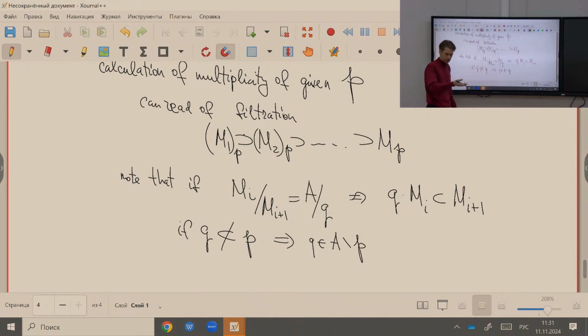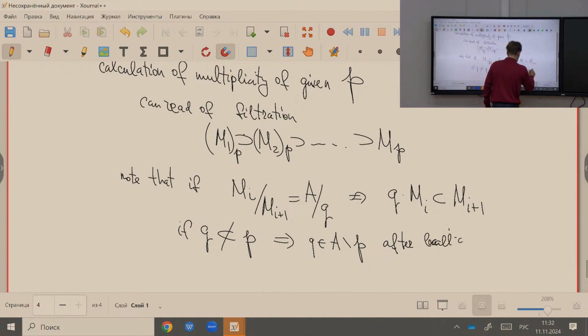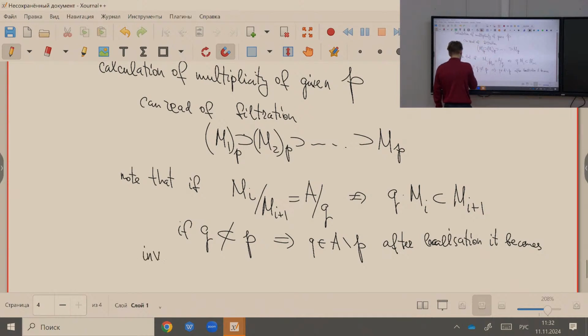So after localization, it is invertible. It becomes invertible. And this means that they're just equal.